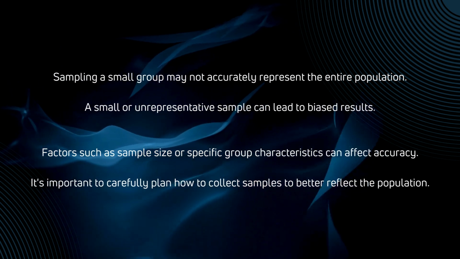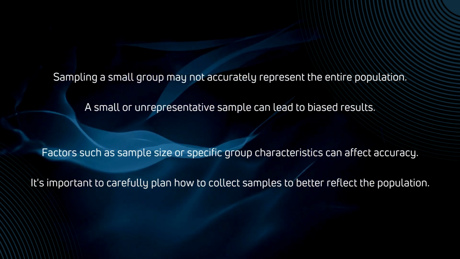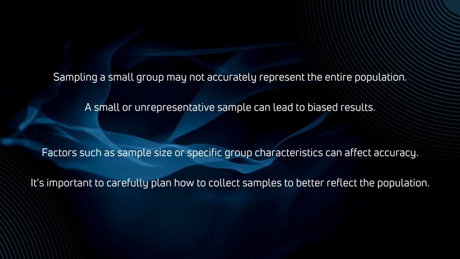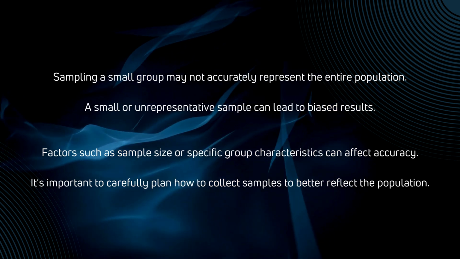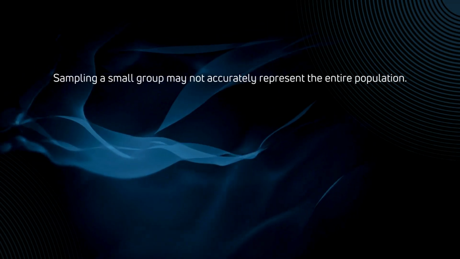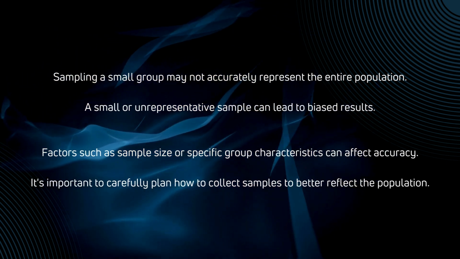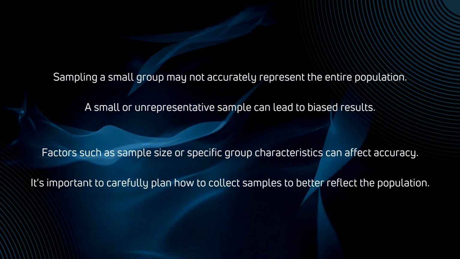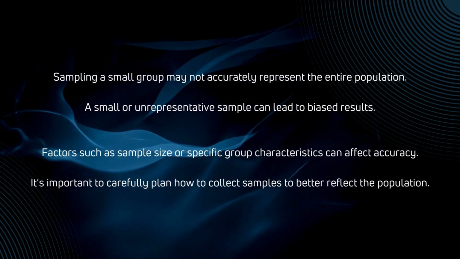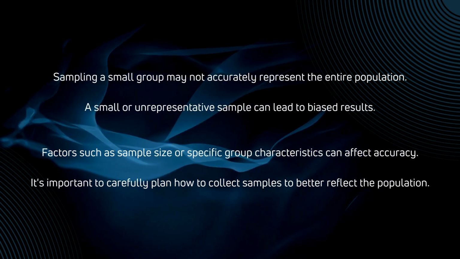You can remember this because parameter and population both start with a P. Normally, getting population data takes too much time and resources, and we can be a little lazy in statistics, so we might rather just get a sample data, which we call a statistic.